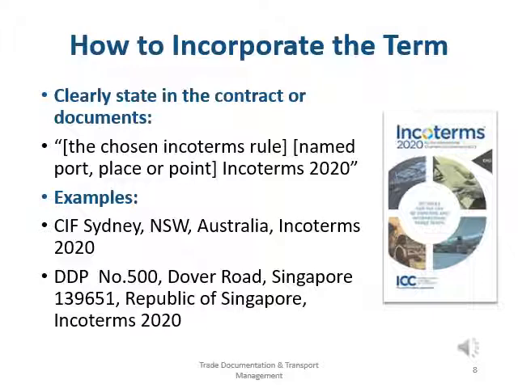So for example, CIF Sydney, New South Wales, Australia, Incoterms 2020, or DDP 500 Dover Road, Singapore 139651, Republic of Singapore, Incoterms 2020. Now, it is crystal clear that in this case, the place of delivery is right at the door of Singapore Poly, at Dover Road itself.